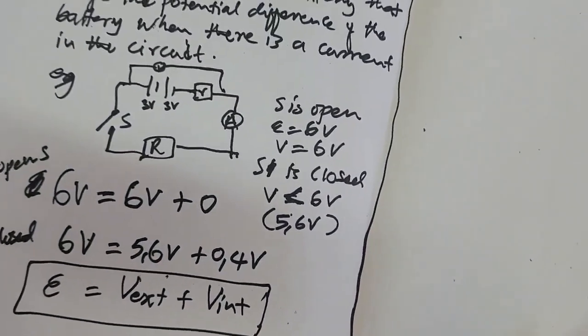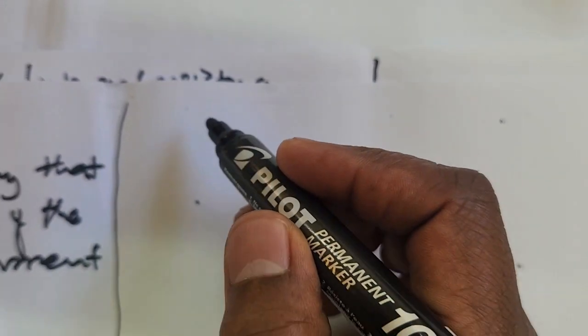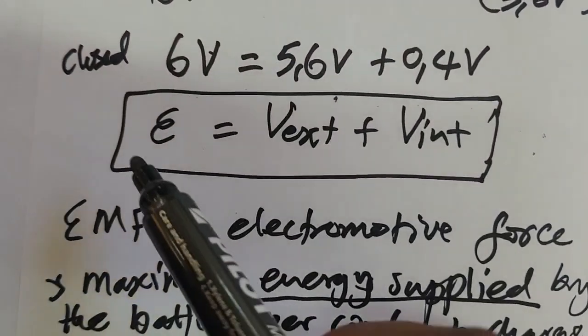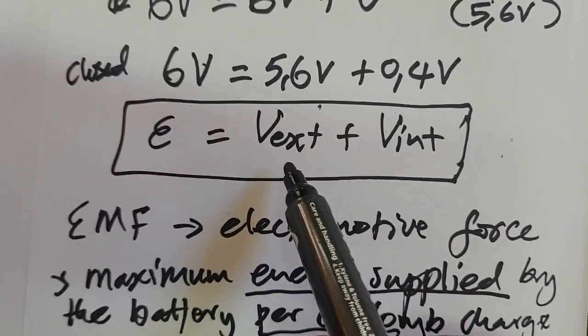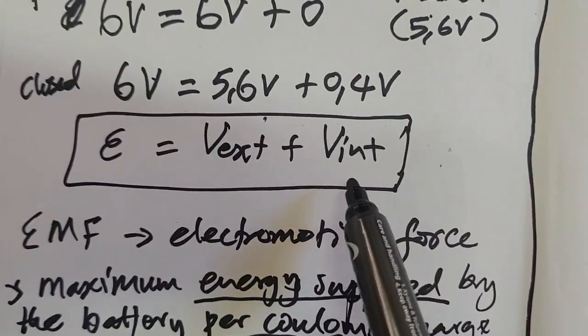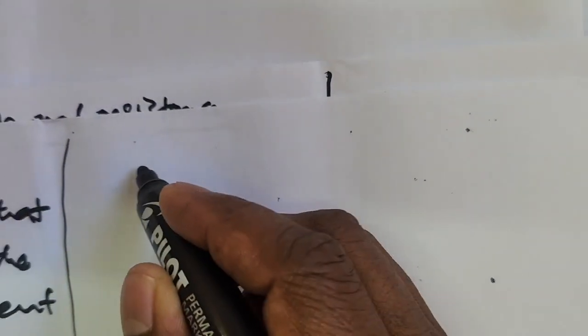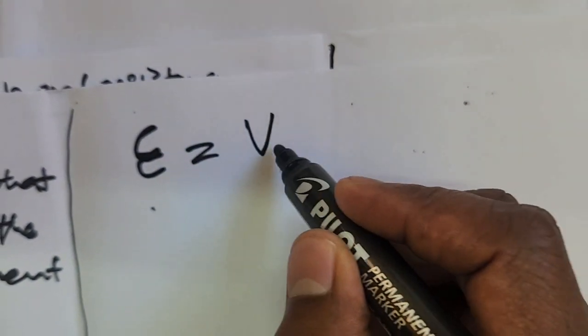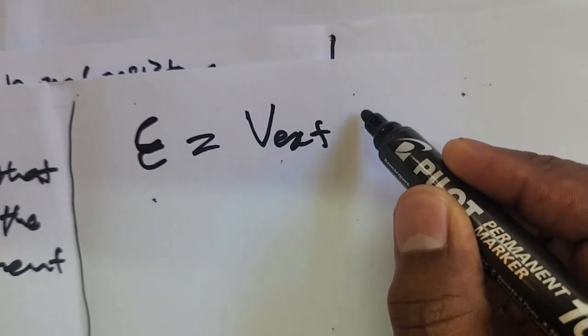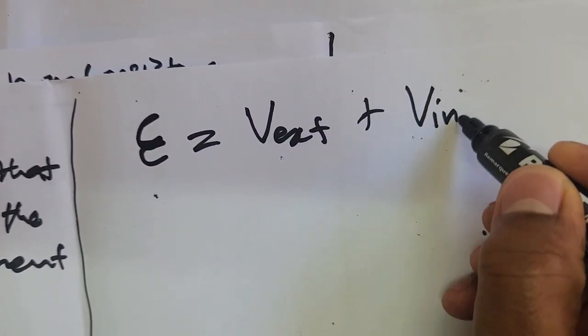Now, when we continue with these two, we'll find that the EMF from this arrangement is equal to the total voltage when the current is flowing plus the voltage that is lost inside the battery due to the internal resistance. Out of this combination, we get the formula for EMF.